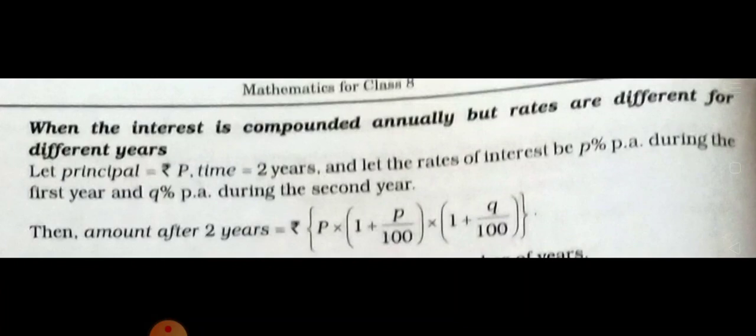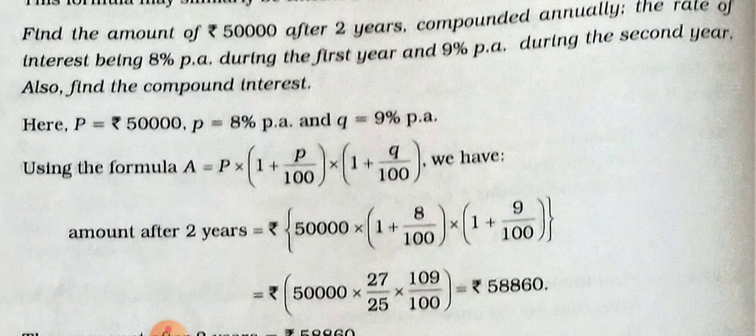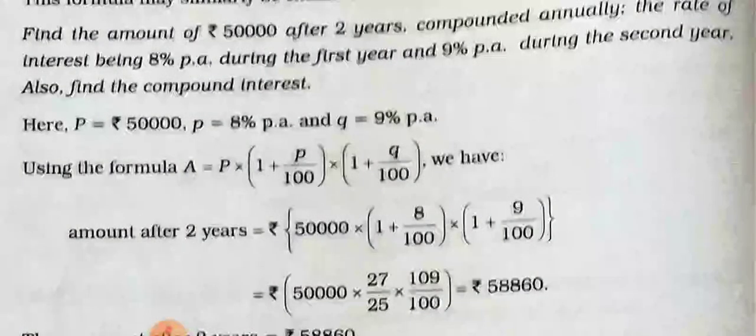Now let's see the next one. So this is the question related to different rates. Find the amount of 50,000 after 2 years compounded annually, the rate of interest being 8% per annum during the first year and 9% per annum during the second year, and find the compound interest.